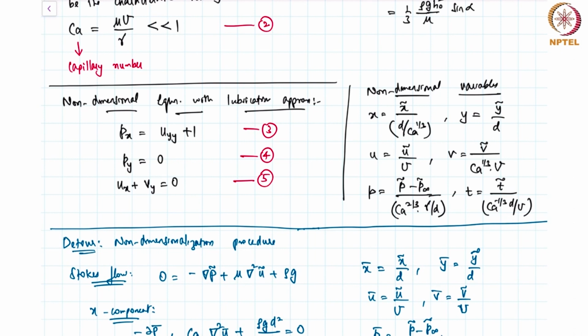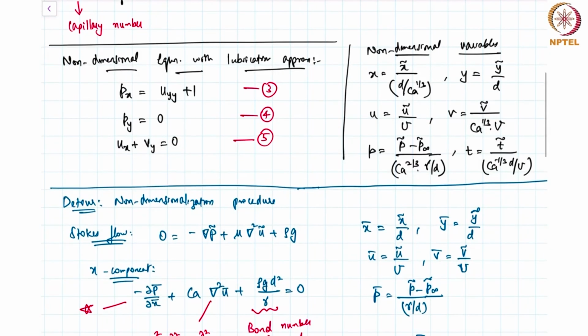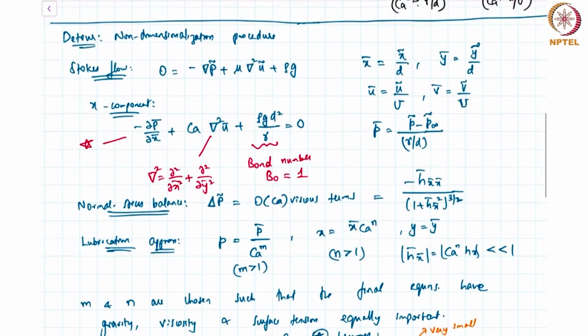This choice of non-dimensional numbers, this capillary power 1 by 3, comes by ensuring that pressure or the capillary pressure, viscous terms and gravity are all equally important. Now equation 3 tells me that the pressure gradient and the viscous forces have the same order of magnitude. That's why we have px, we have no prefactors in between in front of them. Px is comparable to uyy plus 1.